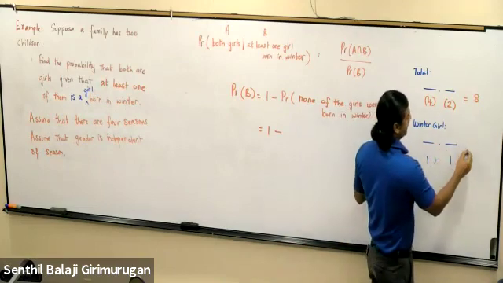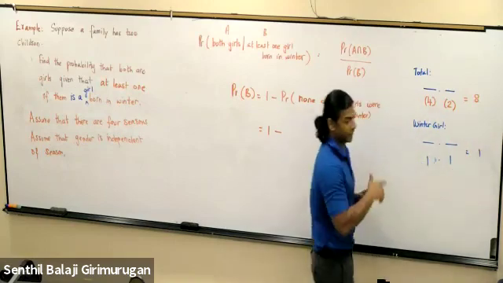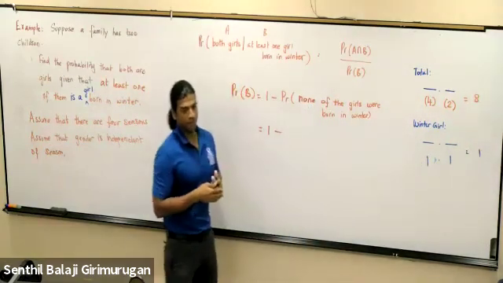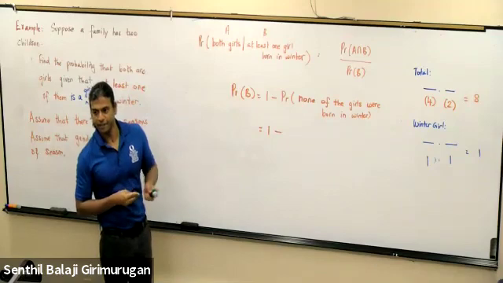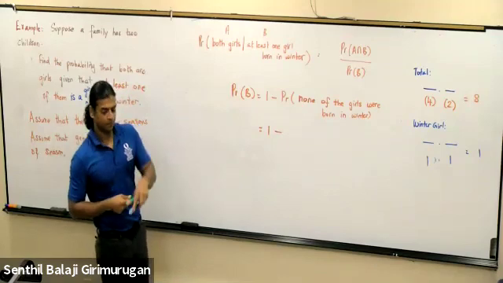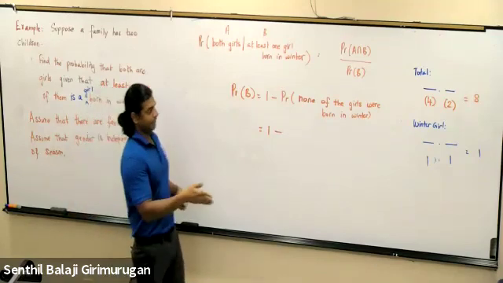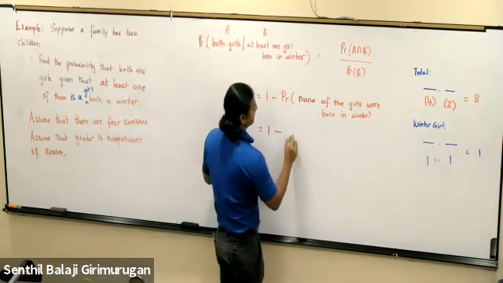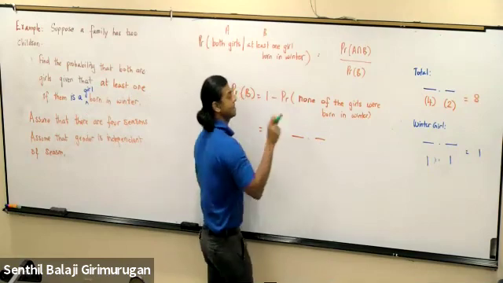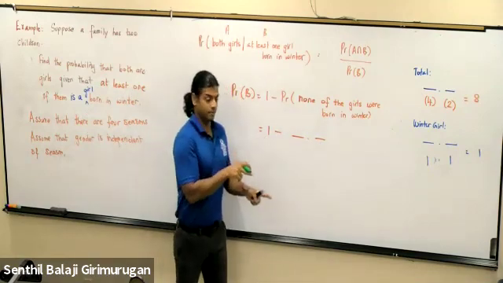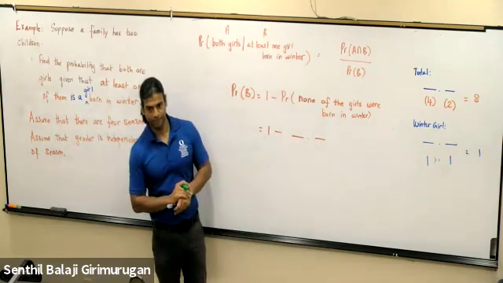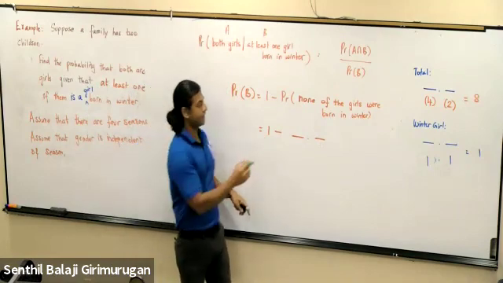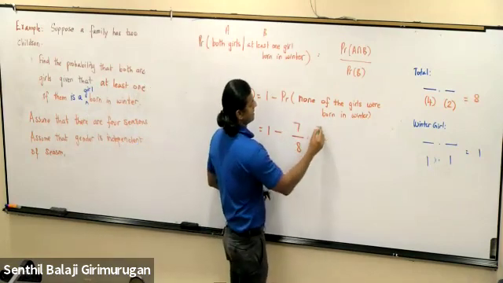So 1 times 1 is just 1. So what is the probability of a winter girl? It's 1 out of 8. So the probability that a girl is born in winter is 1/8. What is the probability that a girl was not born in winter? 7/8.